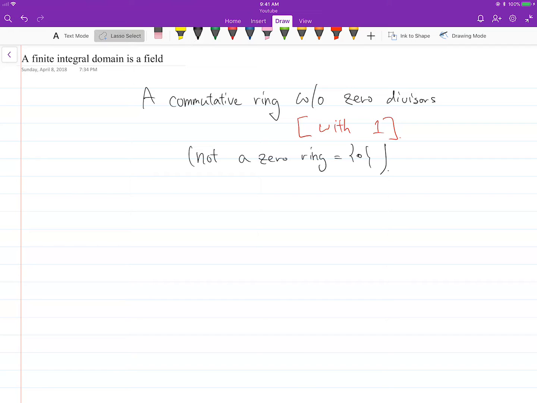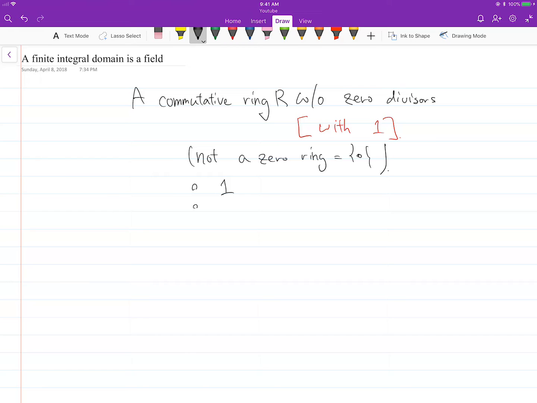I'm just going to call this R, a commutative ring R without zero divisors. What's missing here? What properties do we need to add to R to show that R is a field? First, the existence of 1, which some professors might include, but here we're assuming the definition doesn't include 1.